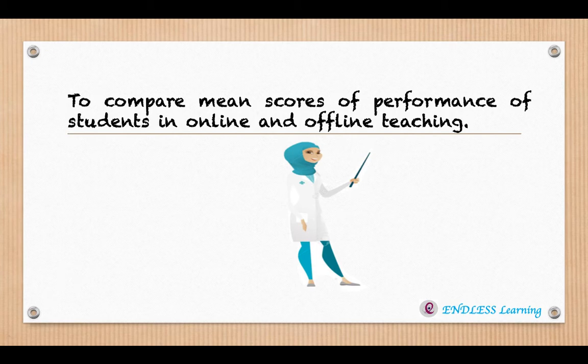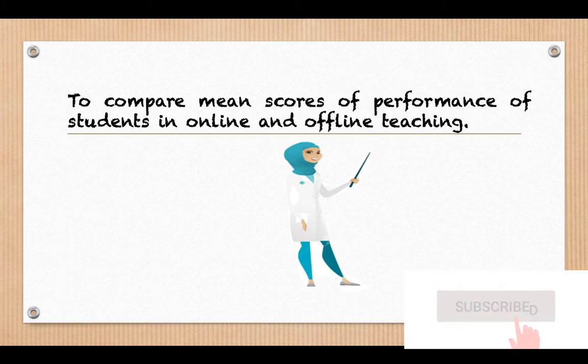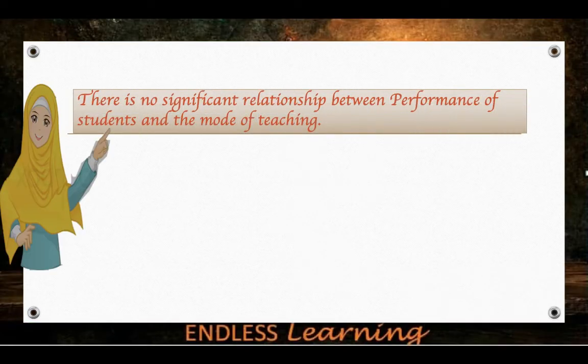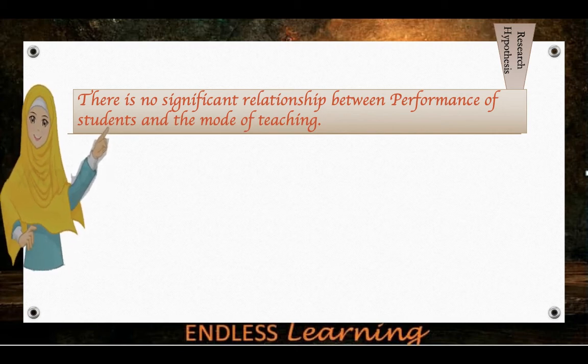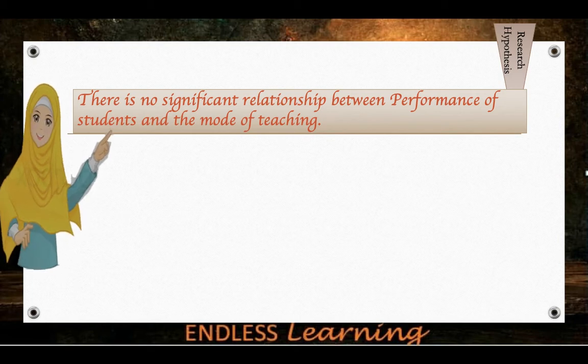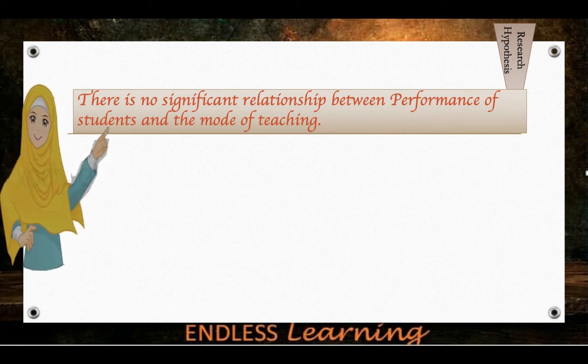The researcher wants to find out whether the performance of a student is good in online teaching or offline teaching. Now, how can the researcher formulate these three types of the hypothesis? The first is the research hypothesis, and its wording is like this: there is no significant relationship between the performance of the students and the mode of teaching, where the mode of teaching is online or offline teaching.